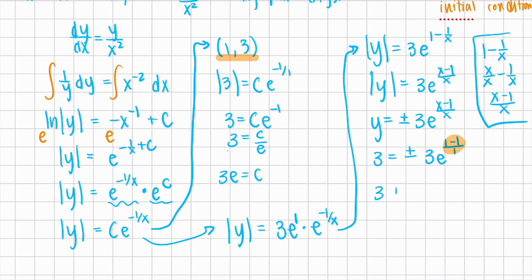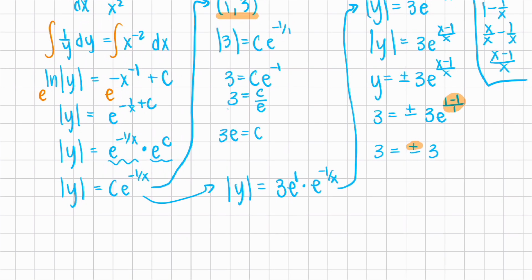So I get positive 3 equals plus or minus 3. And if I want both sides of the equation to be equal to each other, I need to choose the positive. So my answer is going to be y equals positive 3e to the (x minus 1) over x. And that is our final answer.